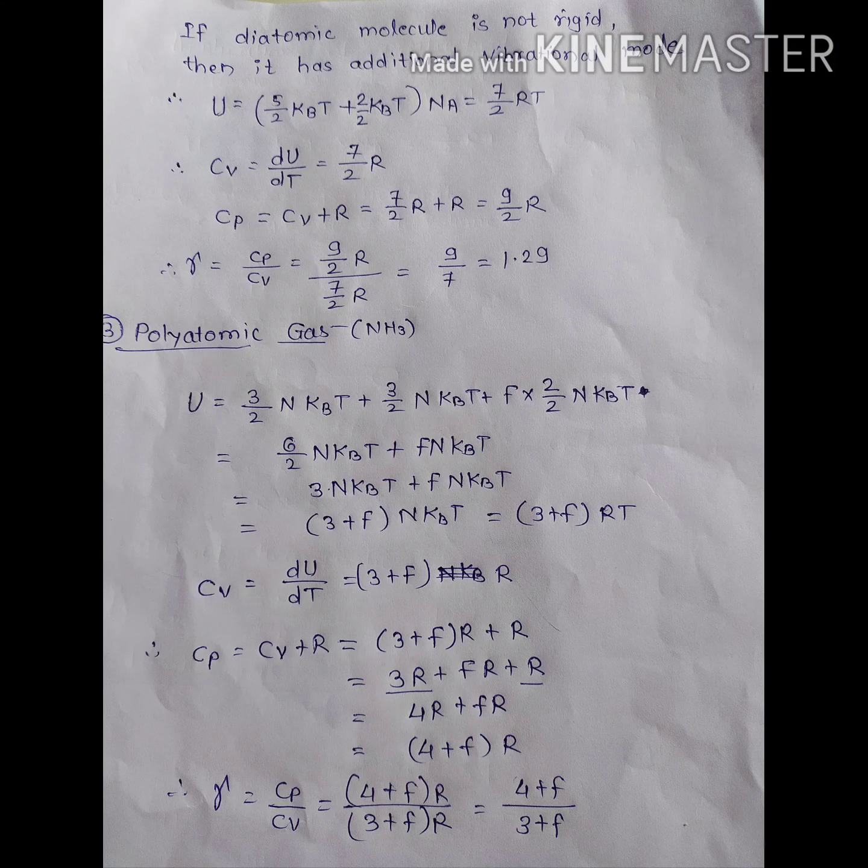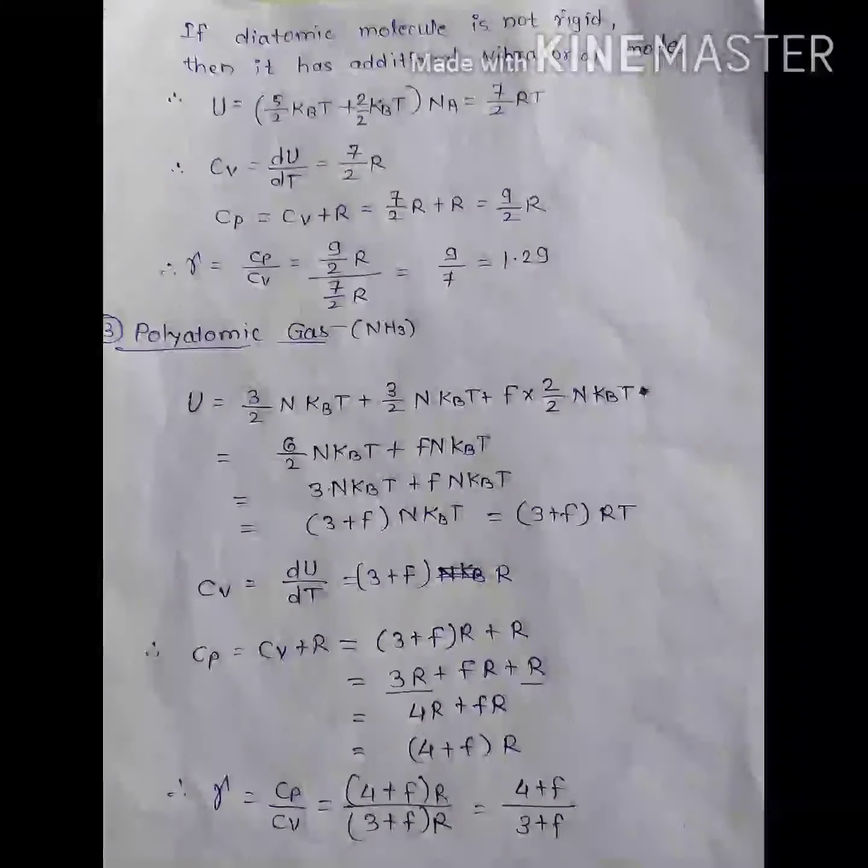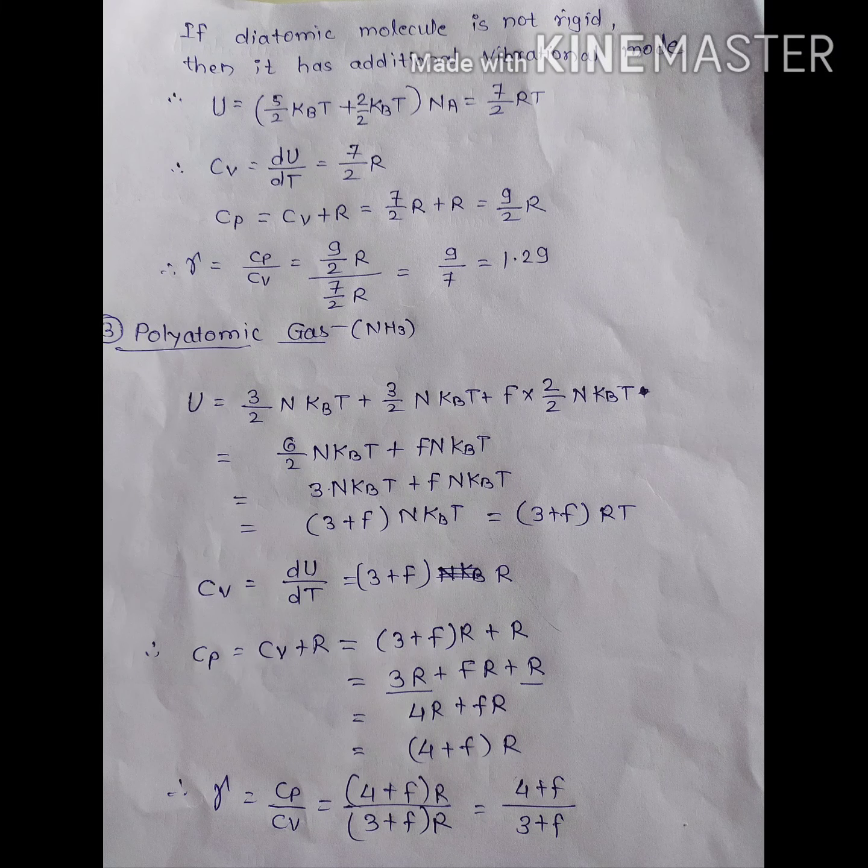Now (5/2 kBT + 2/2 kBT) times Na is equal to 7/2 RT. Here Na is Avogadro's number. Therefore Cv = dU/dT = 7/2 R.